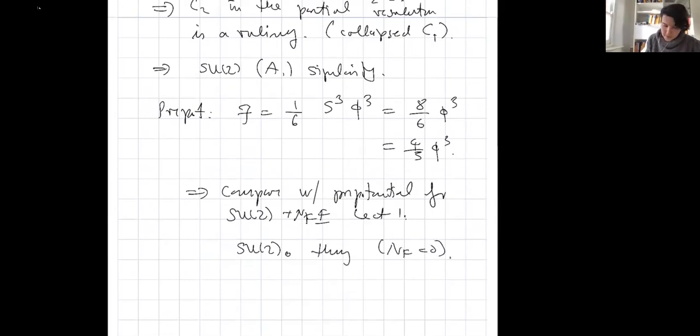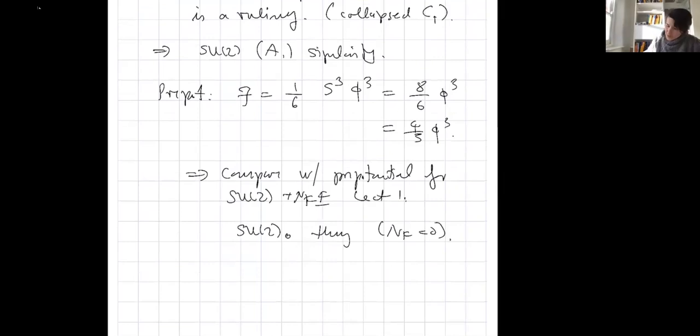And also there's no theta angle. So that's nice. I didn't prove to you a dictionary that this is really giving you the theory, but the prepotential matches, and that's a good indication that this geometry is modeling something related to this theory.